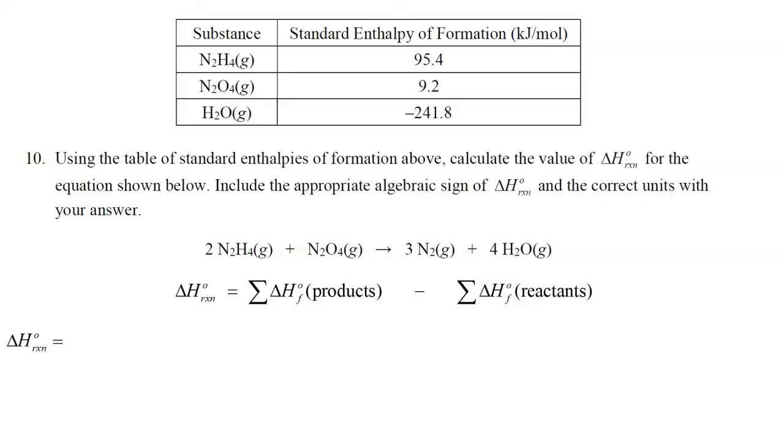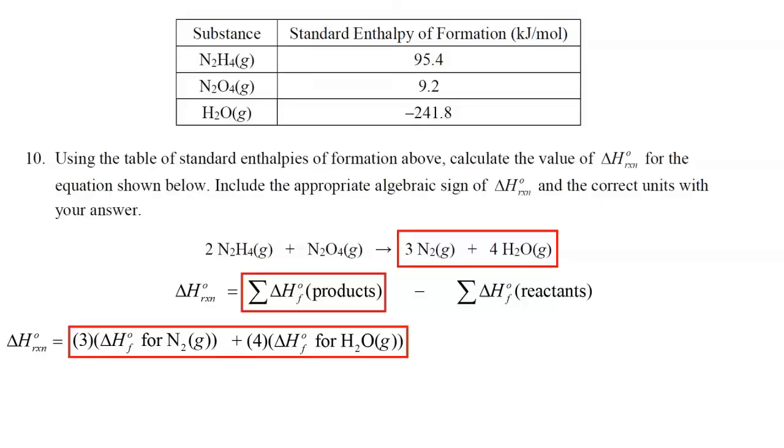The first product I see is nitrogen gas, and we have 3 moles of that. So it would be 3 times the standard enthalpy of formation for nitrogen gas, which will turn out to be 0 anyway, plus 4 times the standard enthalpy of formation for water vapor.